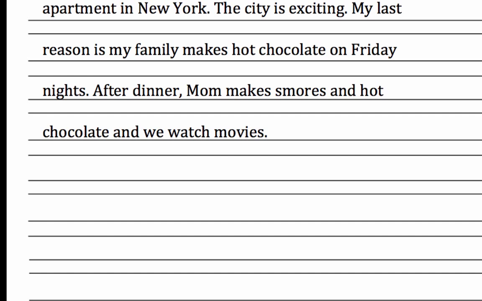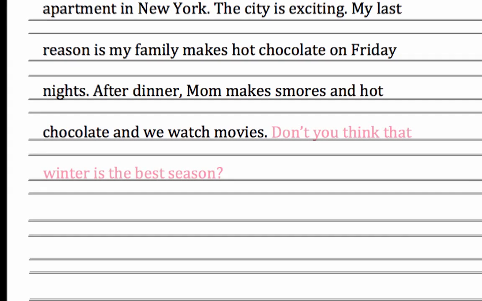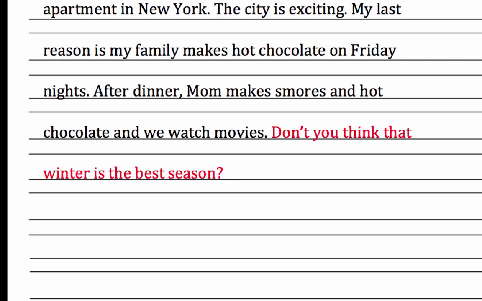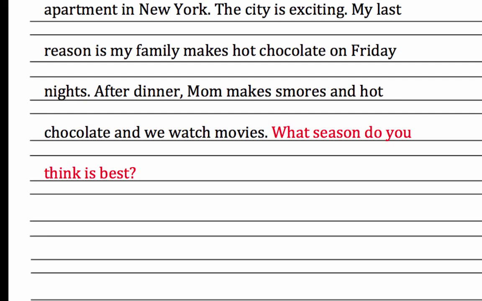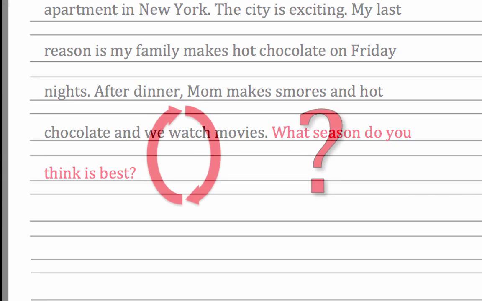Another way is to ask your reader a question about your writing. The question and the circle are two ways to signal the end of your writing. Choose one method to write your ending signal.